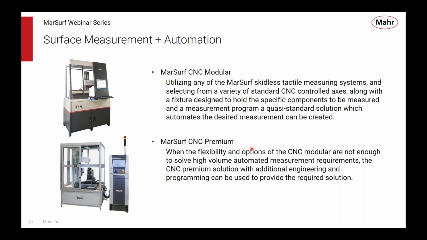We can do that with CNC Premium, and we've got some additional special software which allows us to automate those measurements and program that up and create these automated solutions, especially in high volume production kind of environments.